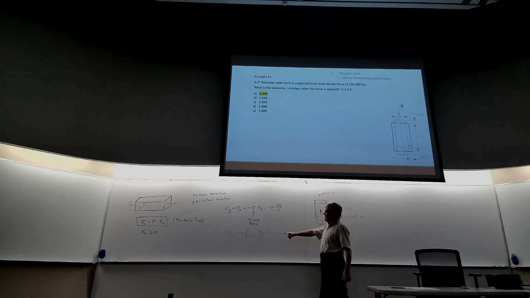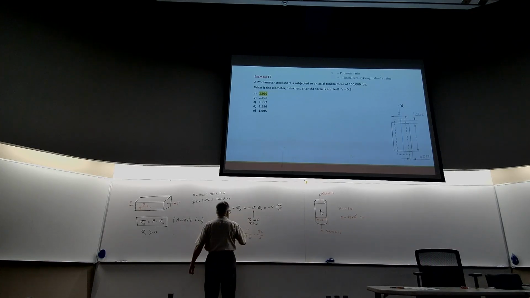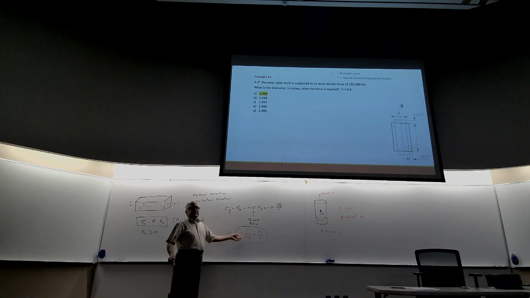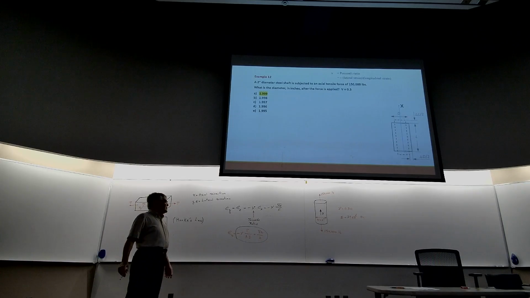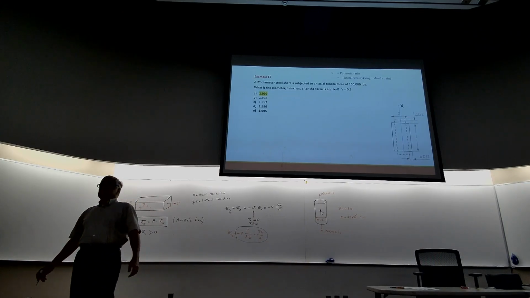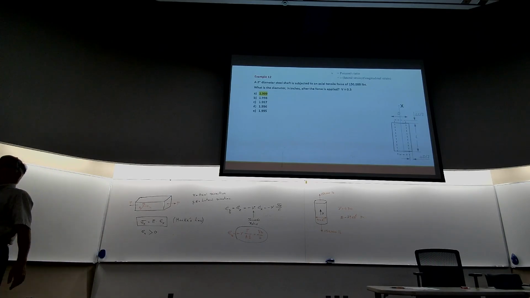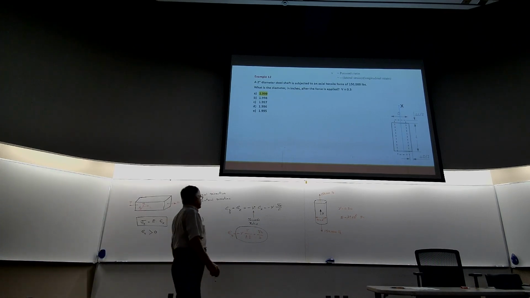So we want to find the change in diameter. All you need to do is take this, multiply the left side by D. And area is pi r squared. R is half of diameter, so it's 1 inch. And plug in the number.